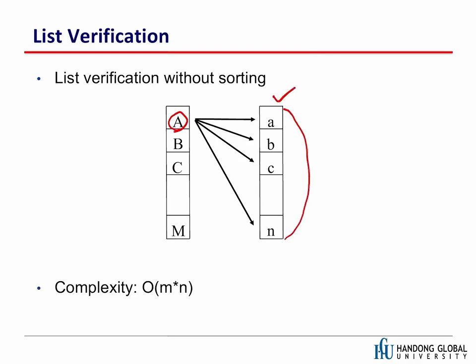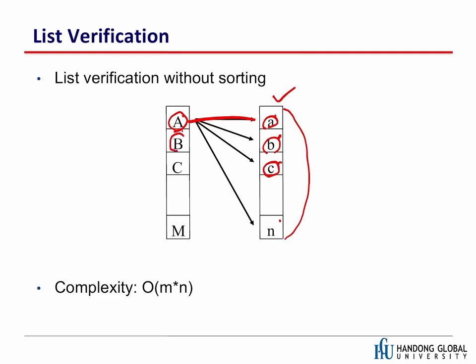This one is not sorted, so we have to check this element and this element and this element. We have to compare this element with this one, this one, this one. If C is the same as A, then we can stop there, but in big O notation, we have to compare n times.